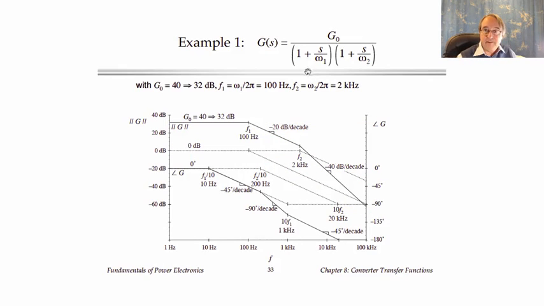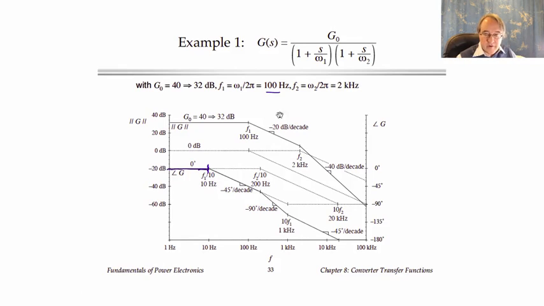Likewise, to construct the phase asymptotes, we construct the individual phases of the different terms and then we add them together. So the G naught term is a real positive number, its phase is 0. The first pole at F1 gives us 0 degrees phase until we get to 1/10 of the corner frequency F1. So F1 is 100 hertz, 1/10 of that is 10 hertz, so here's F1 over 10, or 10 hertz.